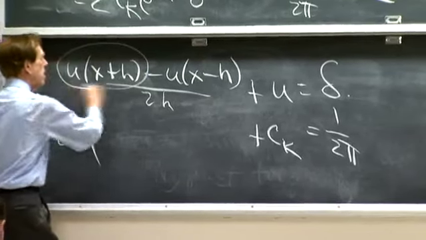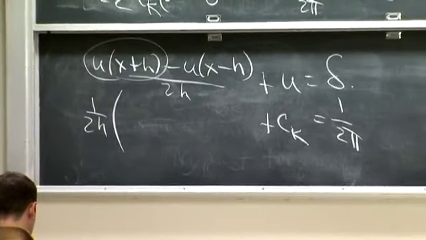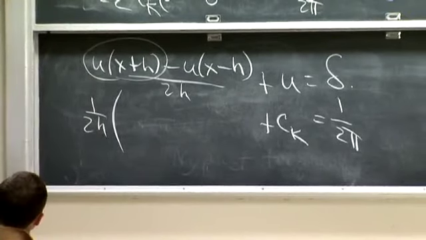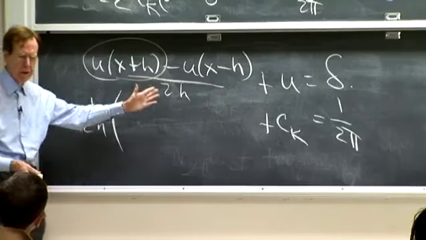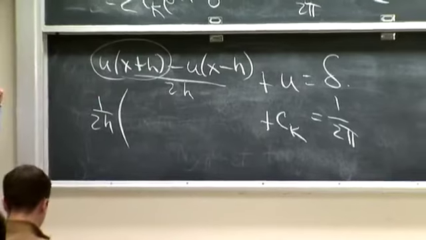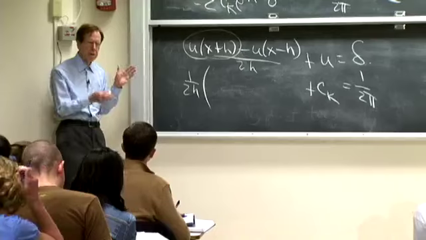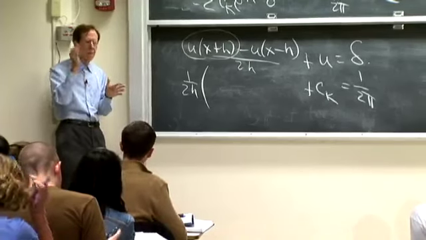So what are the Fourier coefficients of u of x plus h? Just to see that all these things, I've got constant coefficients here. Why shouldn't Fourier work? So there's an e to the something factor, right?